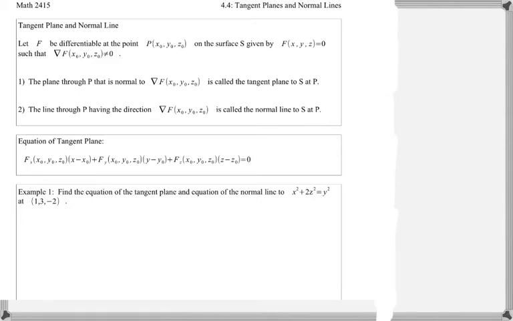So the equation of a tangent plane, in other words, would be the partial derivative... And so this would be the tangent plane at a point x naught, y naught, z naught on the surface.